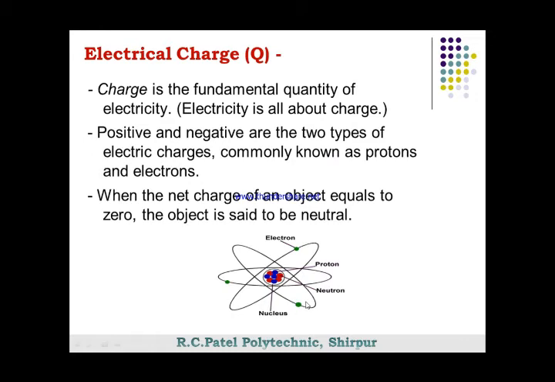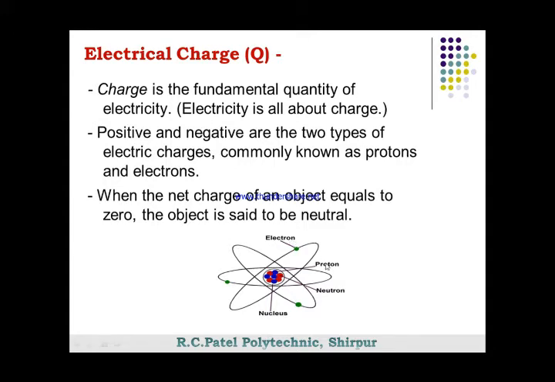Before discussing electrical circuits and networks, we require some prerequisites. The prerequisites start from electrical charge. Charge is the most fundamental quantity of electricity, as we show in the diagram. Here at the center is the nucleus, with protons, and here are the electrons.